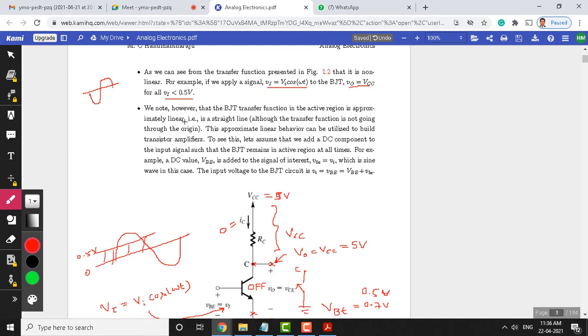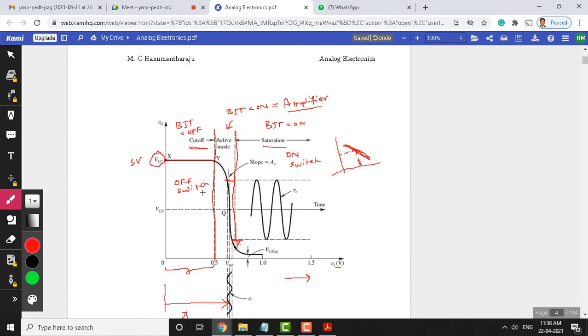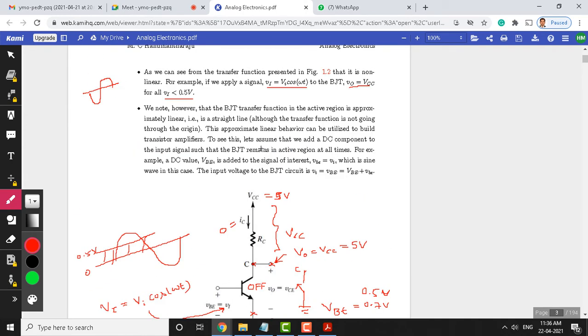It may not be perfectly linear, but approximately it is a straight line, although the transfer function is not going through the origin. That is also an observation you can make in the characteristics. In the active region, to some extent it is going to be linear, it may not be perfect, and it is also not going through the origin.